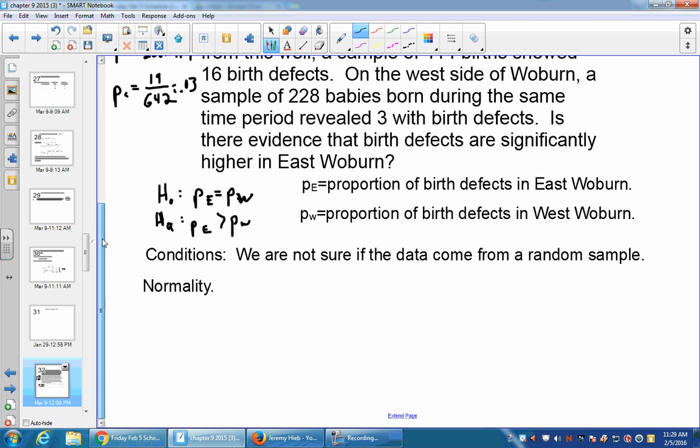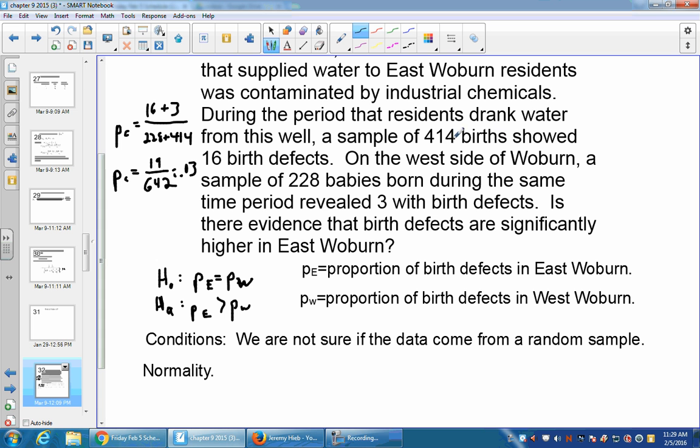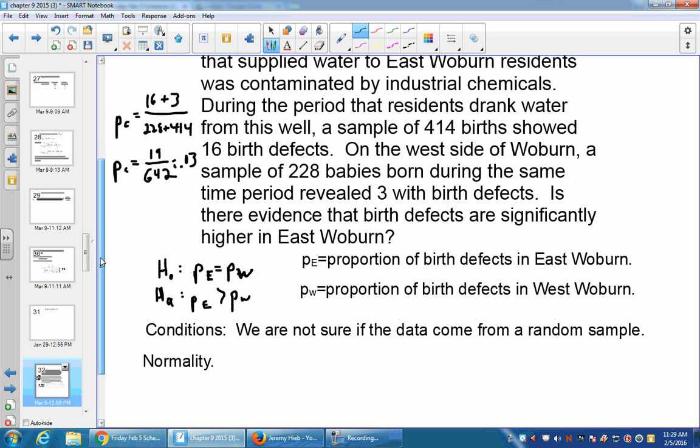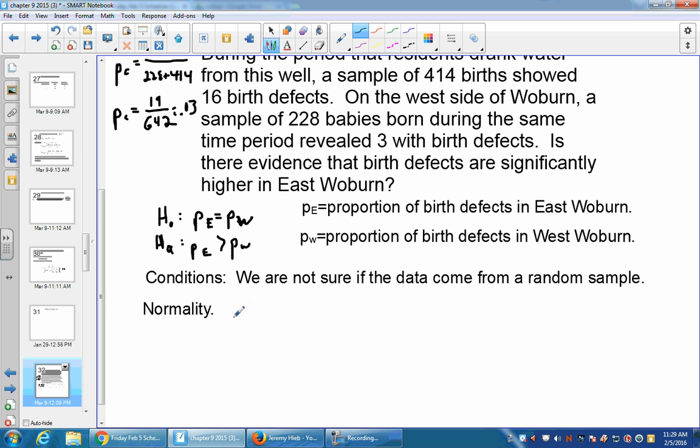So we need to make sure our sample sizes multiplied by that are going to be greater than 10. So is 414 times 0.03, that gets us 12.25. That's greater than 10. Now if we multiply it by 228, I have a bad feeling about this.